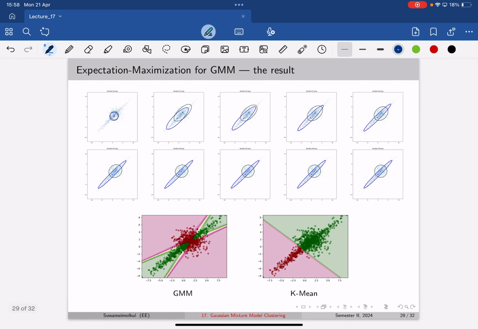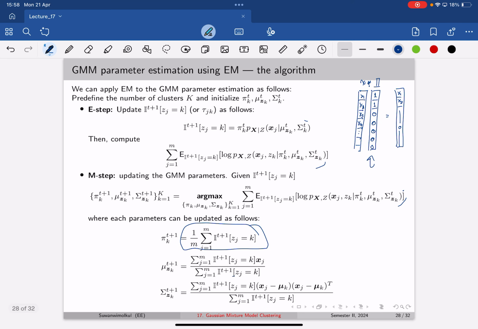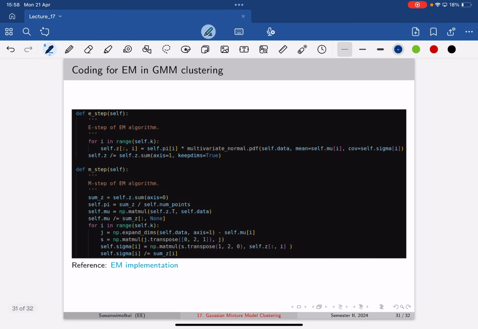And that's it. If you want to look at this in a more precise way, I have provided the code for you. This is exactly how the E step and M step are computed, and here is in fact the tau jk.